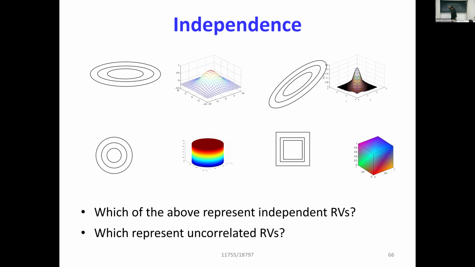It lies only within this region. Suppose I told you X was out here. What can you tell me about Y? It can lie anywhere within this entire region. So are X and Y independent? No, right? But are they correlated? They're not correlated because the average value of Y is always the same at every value of X. But knowing X tells me something about Y. That makes sense? Okay.